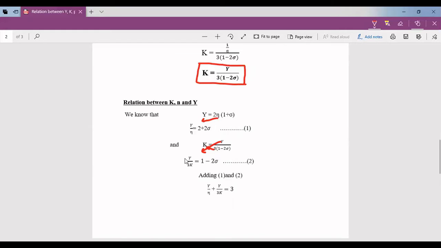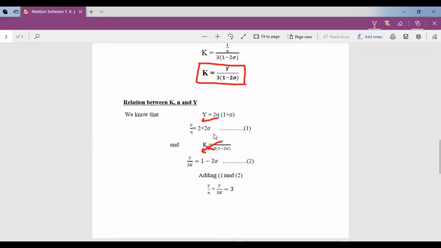Or otherwise, we can write like this, Y by 3K is equal to 1 minus 2 sigma. Let us call this expression 2. Now equation 1 is Y by eta equal to 2 plus 2 sigma, and equation 2 is Y by 3K equal to 1 minus 2 sigma.